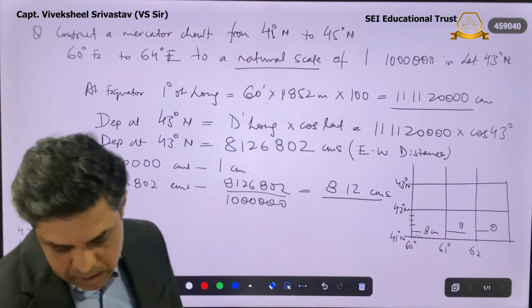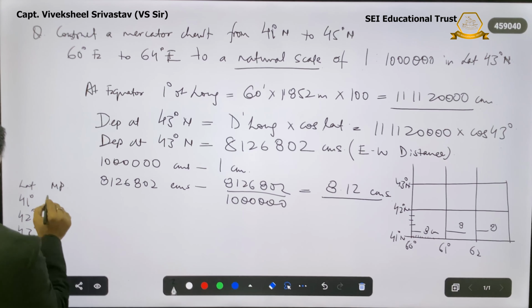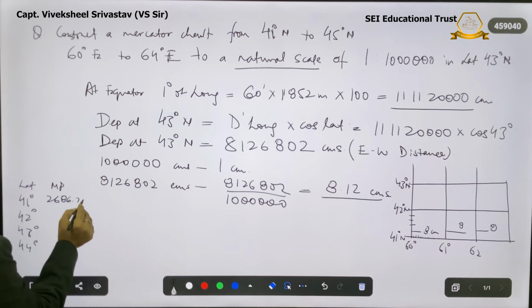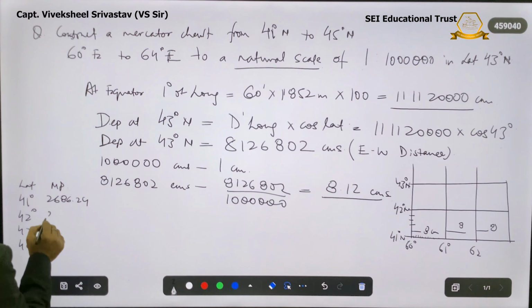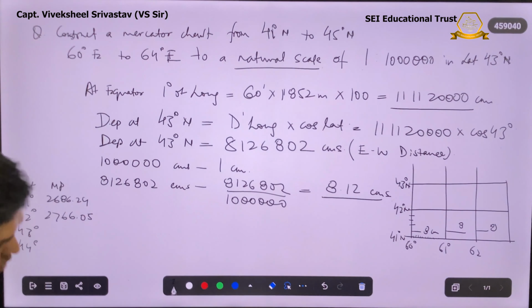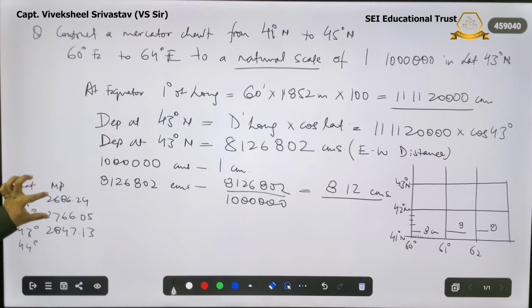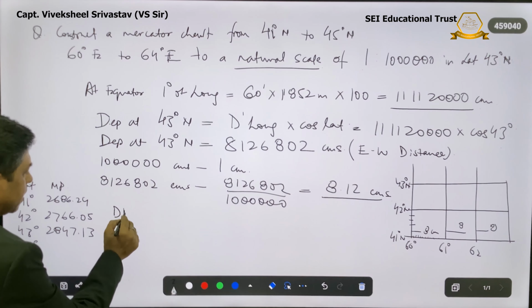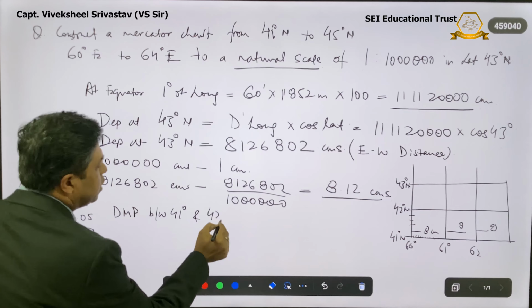So I'll just take one example. For 41 degrees latitude, meridional parts is 2686.24. And for 42 it is 2766.05. For 43, 2847.13. So between 41 and 42, you've got meridional parts, so you can find out the DMP, the DMP between 41 degrees and 42 degrees.